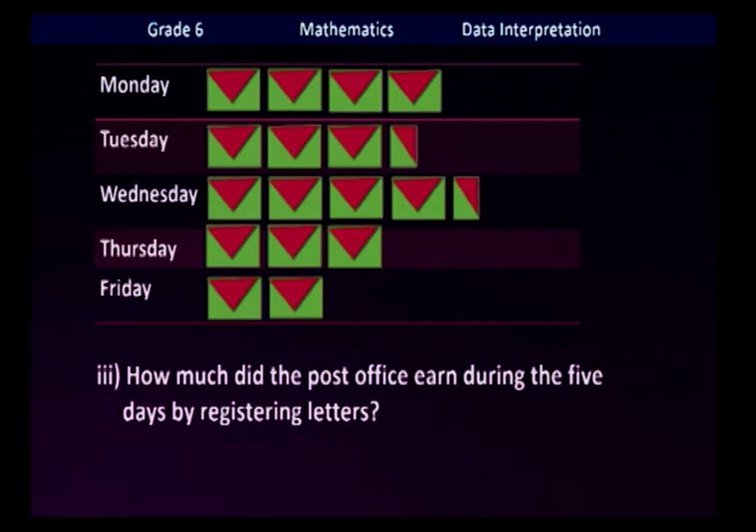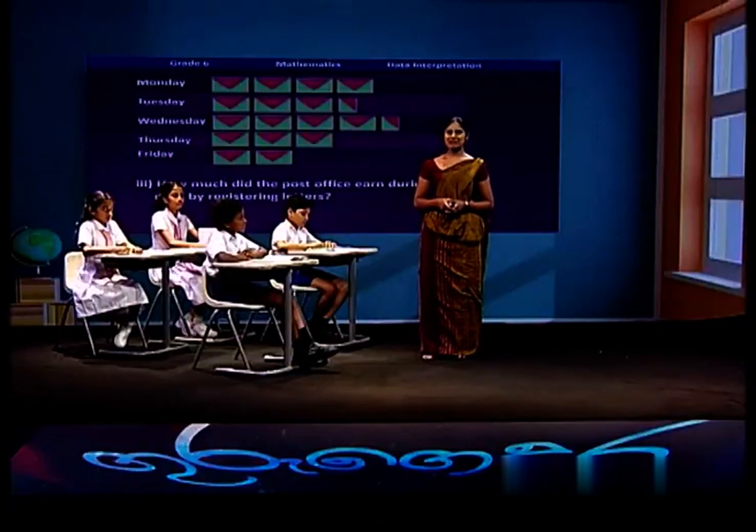Question number 3. How much did the post office earn during the 5 days by registering letters? That means we have to take the total number of letters because we have to find what was earned during the 5 days. First of all, tell me how many symbols are there?